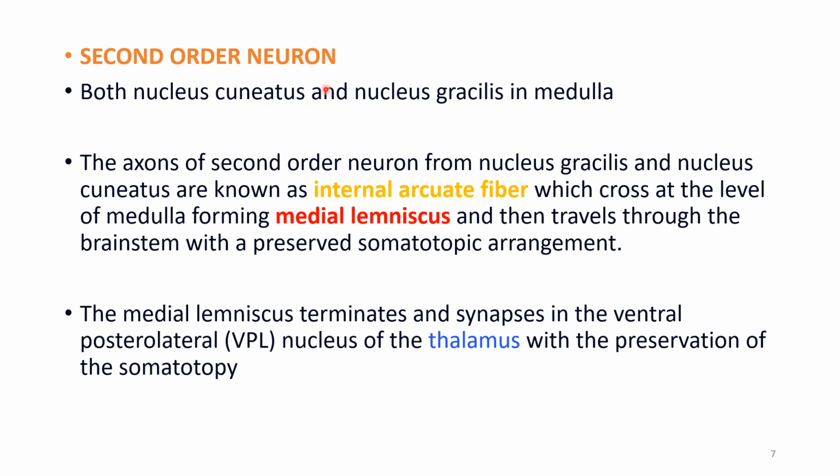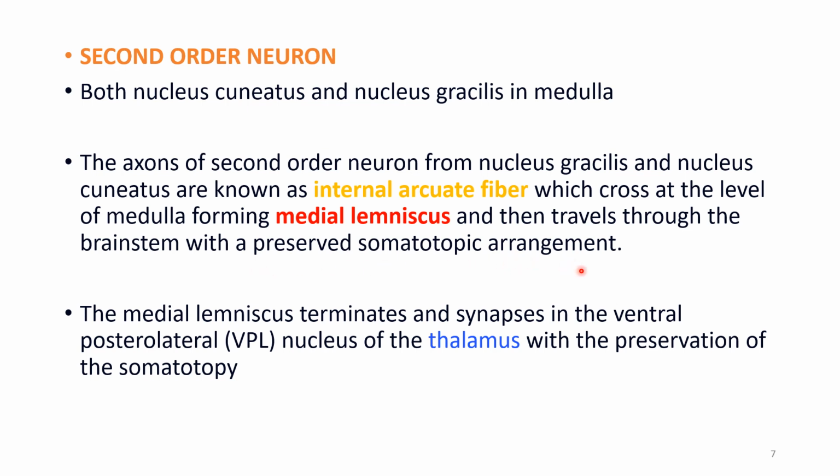Now, second order neurons start from both the nucleus cuneatus and nucleus gracilis in the medulla. So these axons of the second order neuron from the gracilis and cuneatus nuclei are called internal arcuate fibers. These will cross at the level of medulla and form the medial lemniscus, and this medial lemniscus travels through the brainstem with a preserved somatotopic arrangement.